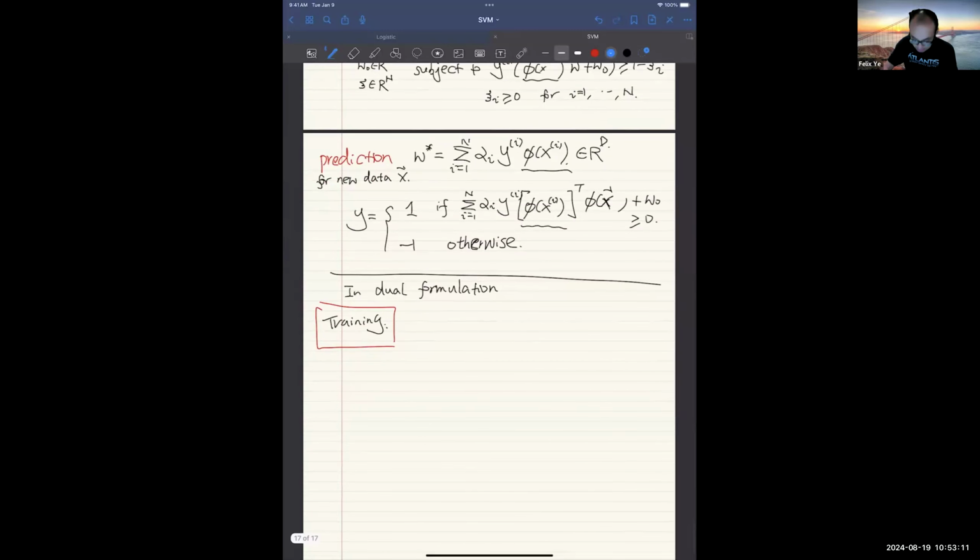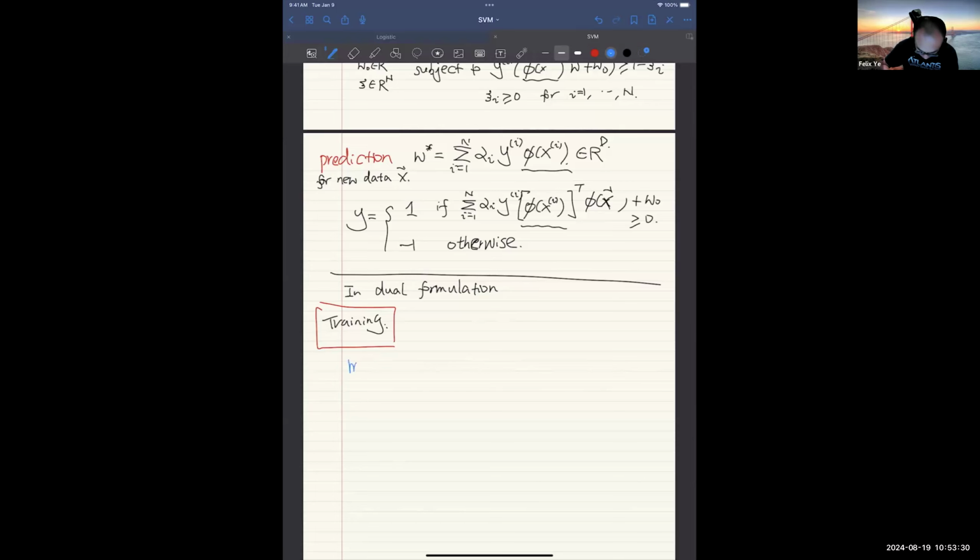We change the optimization, and my objective is with the variables alpha right here.